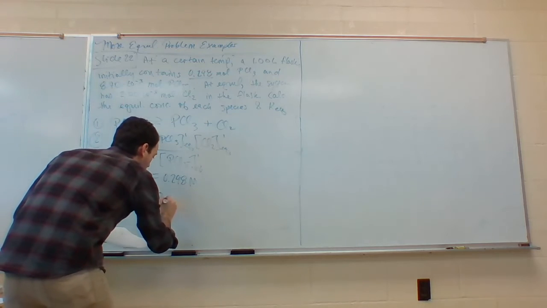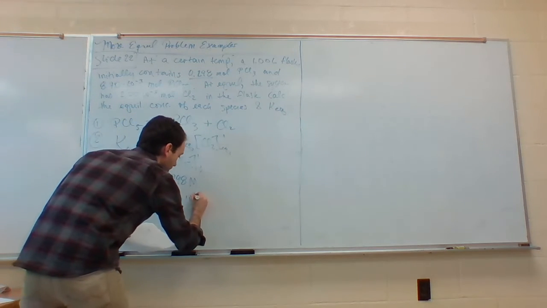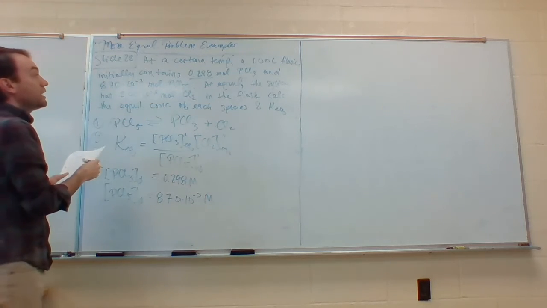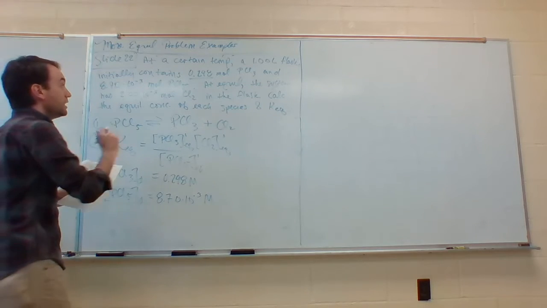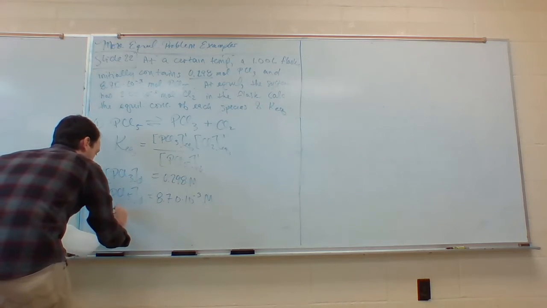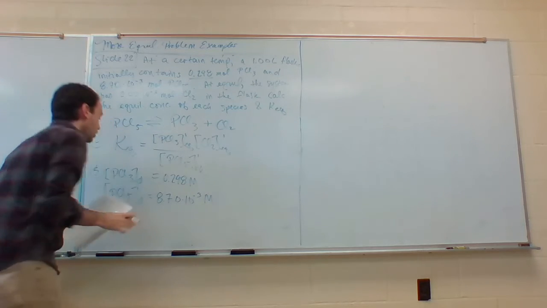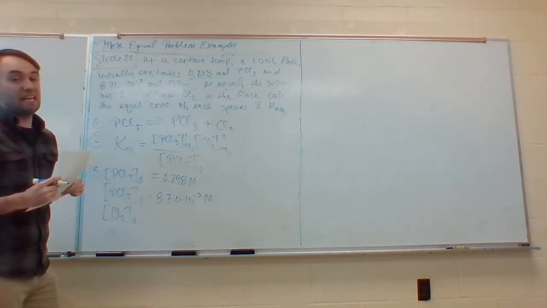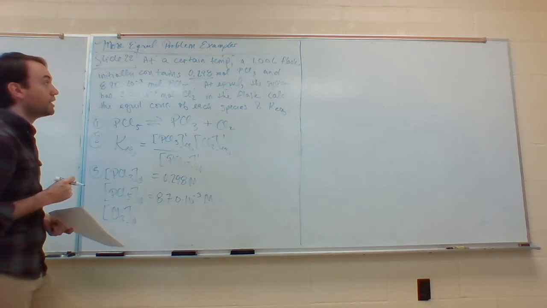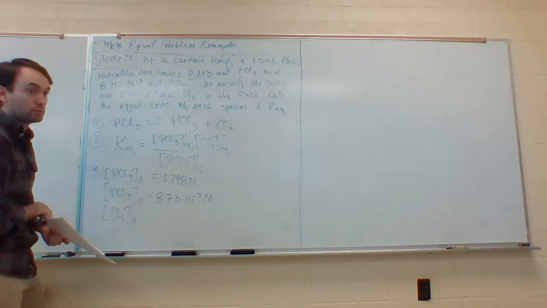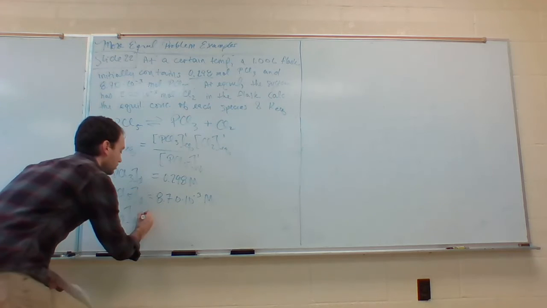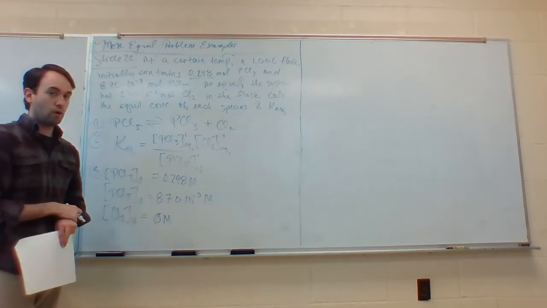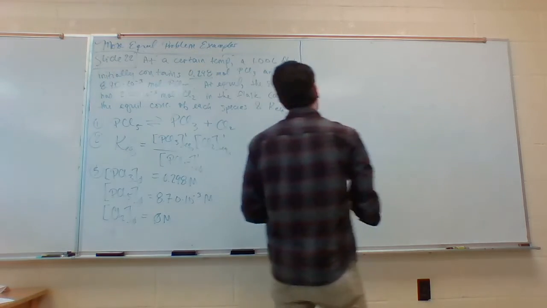So we have 8.70 times 10 to the negative third molar. All right. We didn't say anything about our initial concentration of Cl2. Okay. Notice, I gave you the equilibrium concentration of Cl2, not the initial one. What is my initial concentration of Cl2? Since I didn't give it to you, and it's an initial concentration, it is going to be 0 molar, right? We didn't have any when we started, okay?